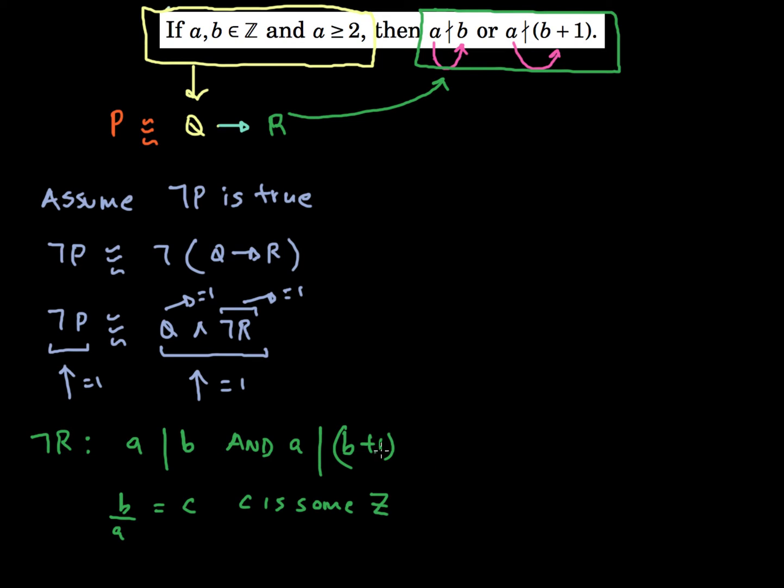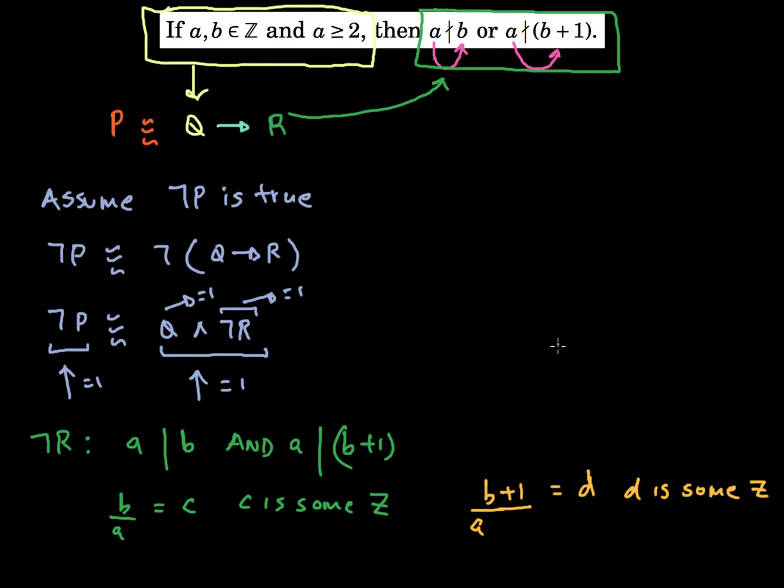And likewise, if A divides into B plus 1, that also tells you that B plus 1 over A gives you some other quotient D, where D is some integer.